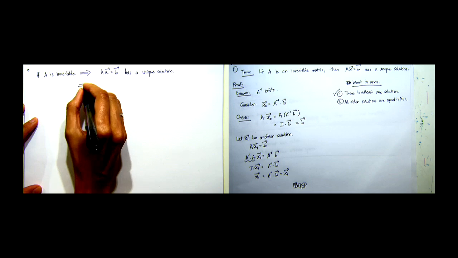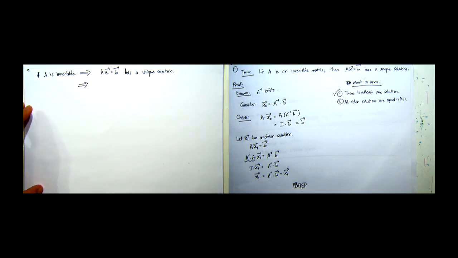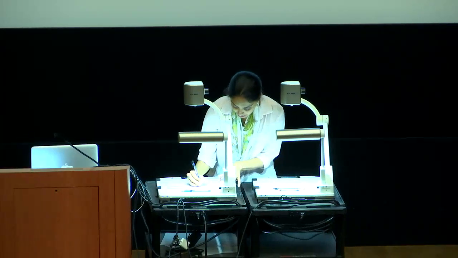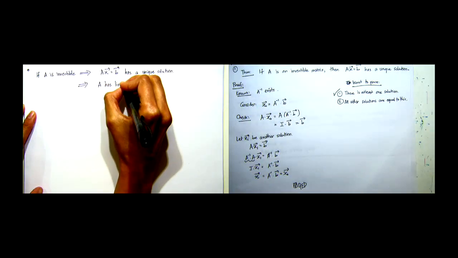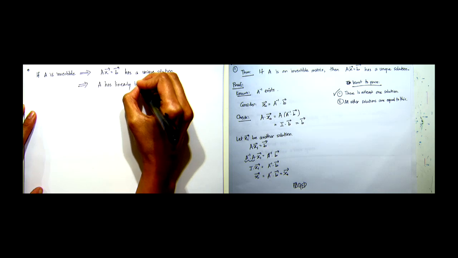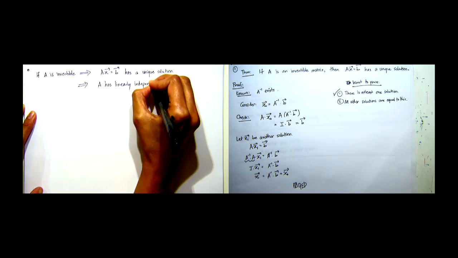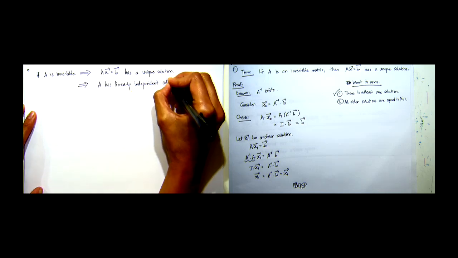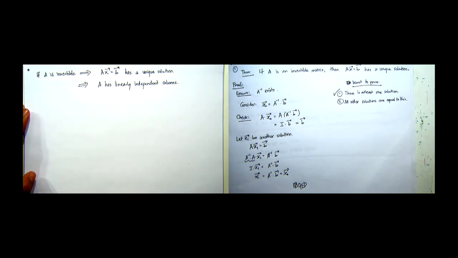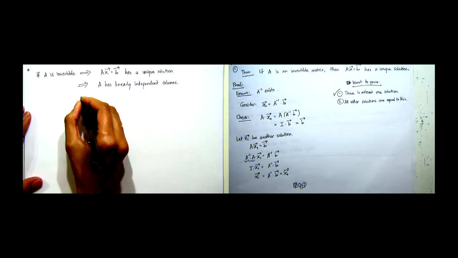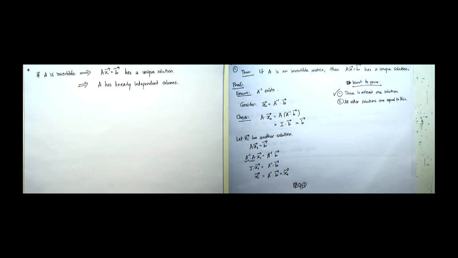We also proved last time, in the last lecture, and the proof we just did at the beginning, proved that A has linearly independent columns. So we proved both of these statements.